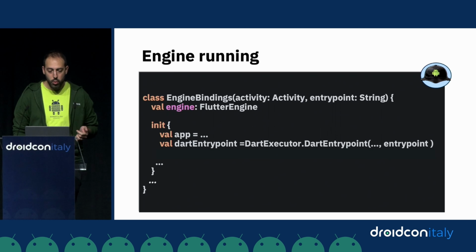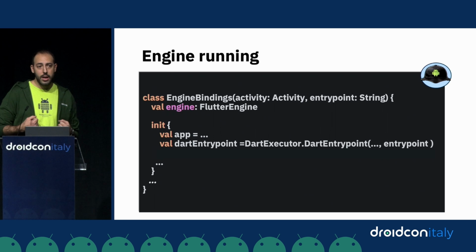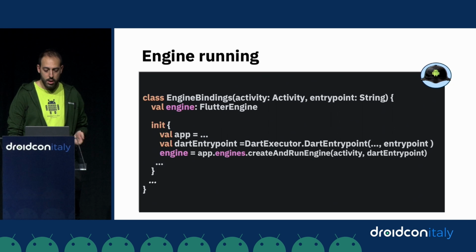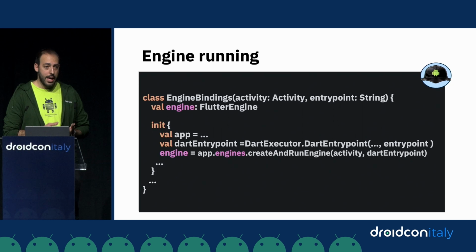So we are going to declare another class from the Flutter framework, which is Dart entry point, and it is going to get the entry point that we are going to pass. In this way, we are going to create and run the engine for that entry point.